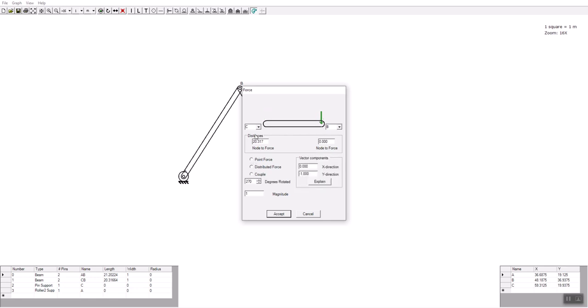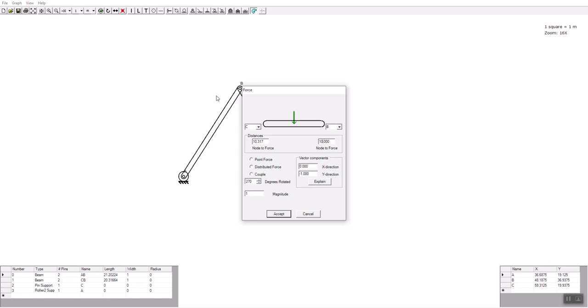As you can see, by default the force is applied at B, but I want to move it somewhere in the middle. So I would change the distance between the force and the B, which is right now at 0, change it to 10. So the force goes to the middle.